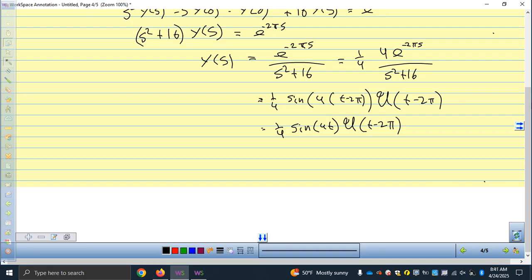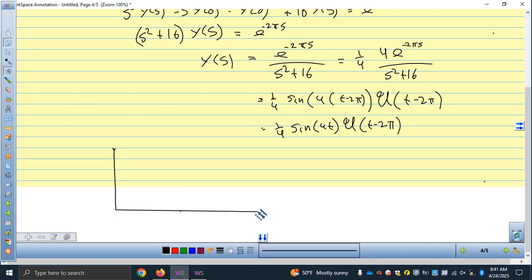And so what we have here, if we graph this solution, better horizontal line there. So our solution, we have nothing until t equals 2 pi, because our unit step function is 0 until t equals 2 pi.